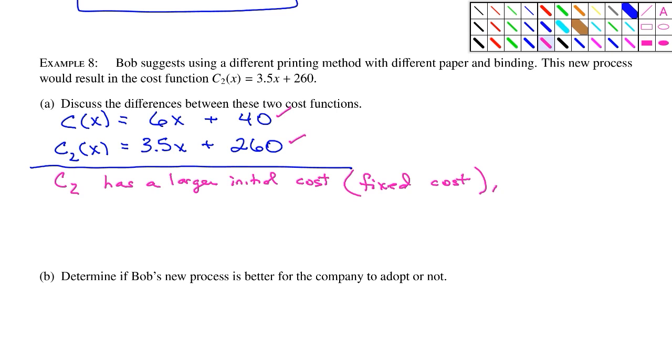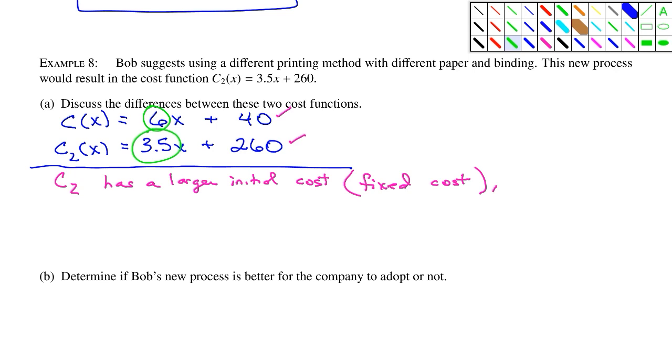And then what else can we determine? Well, now I look at the slopes. So I've got a 6 and a 3.5. And what do the slopes represent in each of these equations? Well, we already discussed that when we talked about slope earlier. They represent the additional cost per book. So the original C function cost $6 per book to print, but this new one cost $3.5 to print.